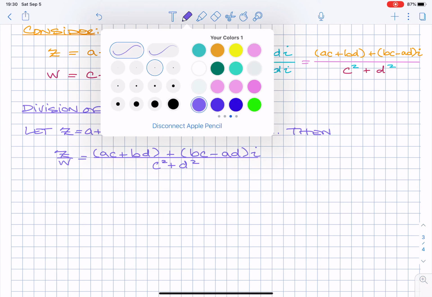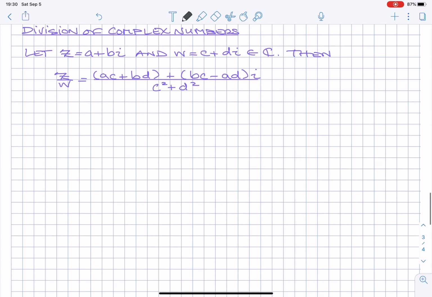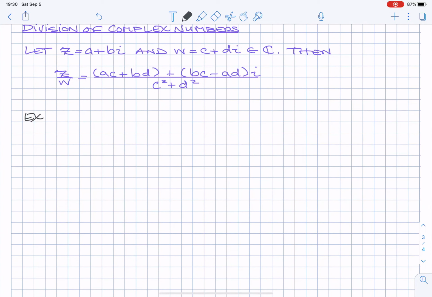Okay, so let's use this definition of division for the following example. Find the quotient z over w for the following.